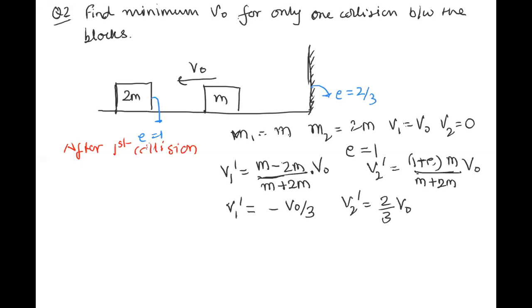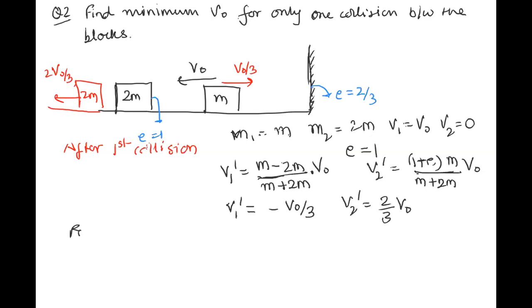Okay, so basically what this means is that after the collision this guy will move with a velocity of v0 by 3 and this guy will move with a velocity of 2 v0 by 3. Now the second collision occurs with the wall.